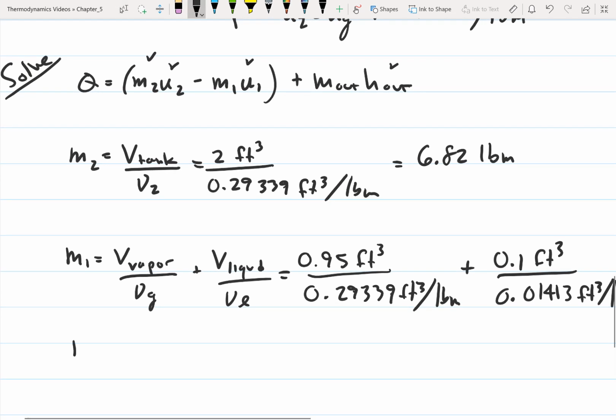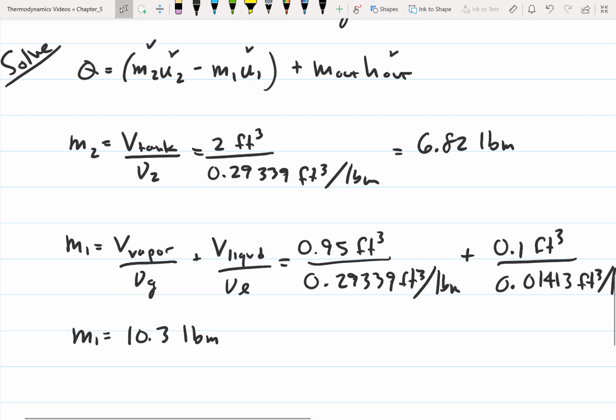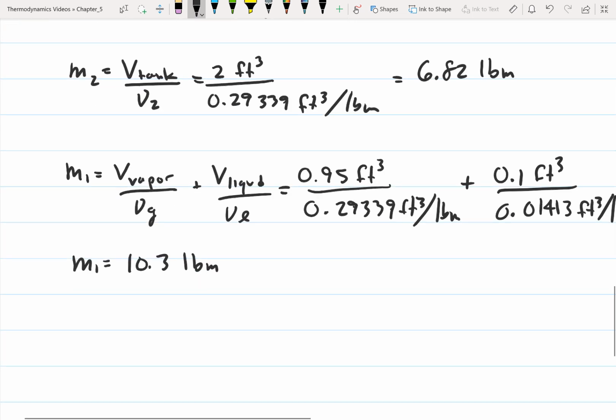So then this works out to 10.3 pound mass. So we have M1 and M2. Now we just need M out, and from our mass balance we know that M out is just equal to M1 minus M2.